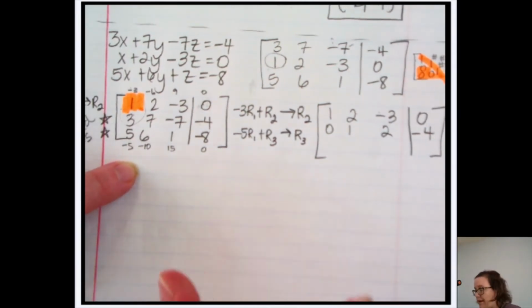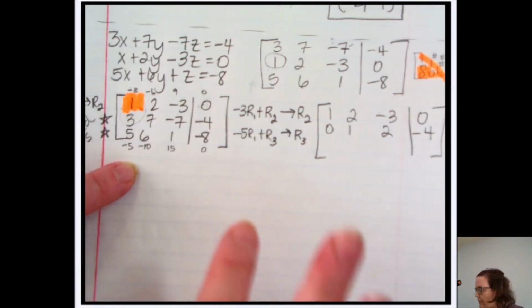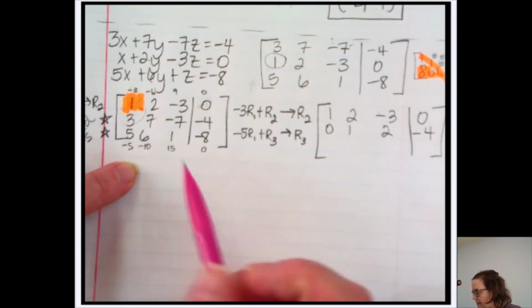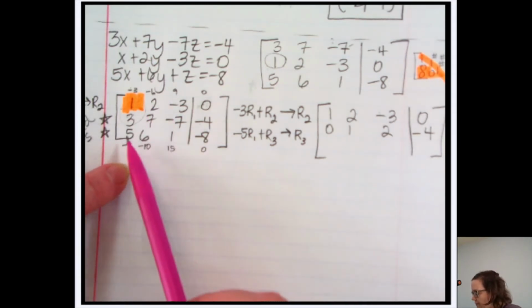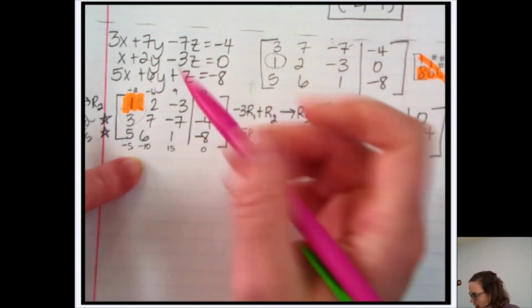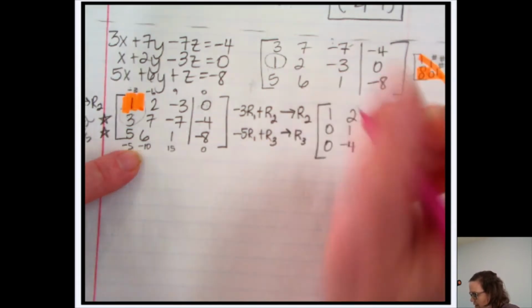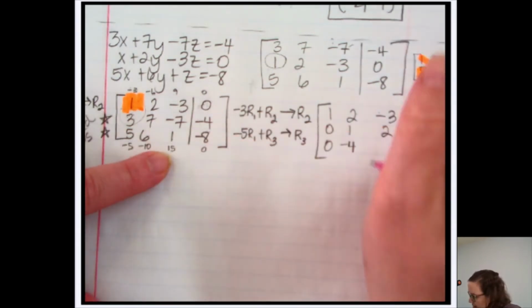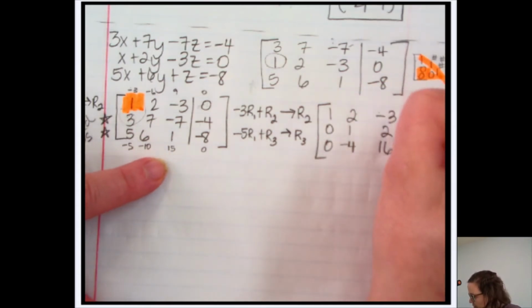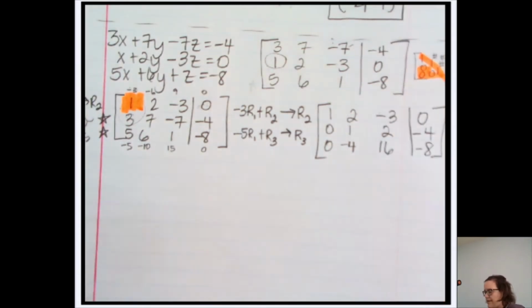If you think back about how we did the 3 variables anyways, this is what we did. We just don't have all the letters to deal with in this case. Okay. So 5 minus 5 is 0, and 6 minus 10 is negative 4, and 1 plus 15 is 16, and negative 8 plus 0 is negative 8.